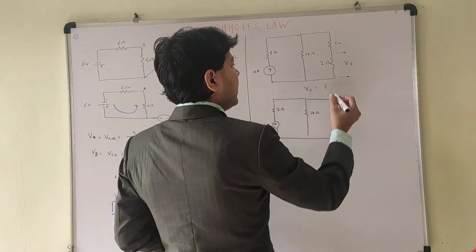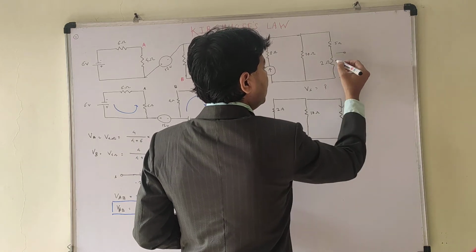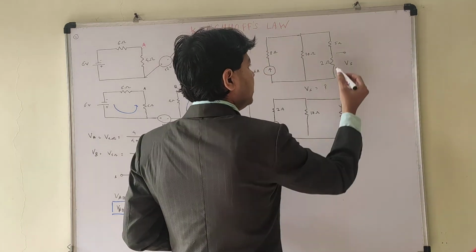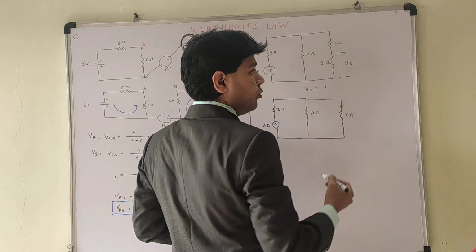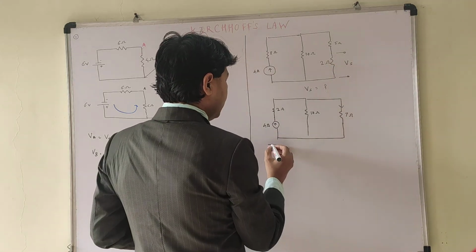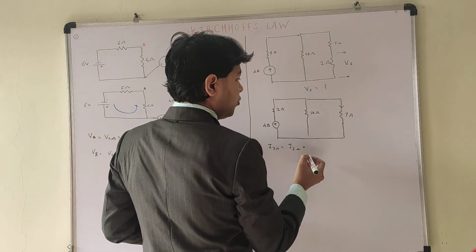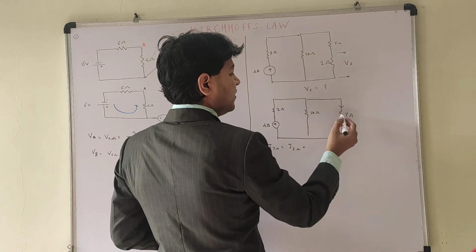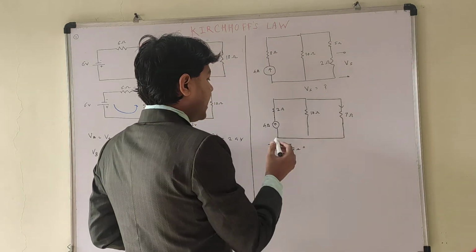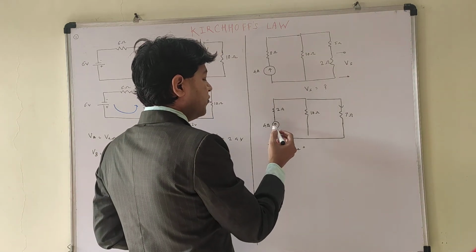Now I want to calculate the current flowing through this 2 ohm. As this 5 ohm and 2 ohm are in series, the current flowing through this 2 ohm is nothing but the current flowing through this 7 ohm, because they are connected in series. The two resistors are now connected in parallel, and the 4 ampere current source is again in parallel.